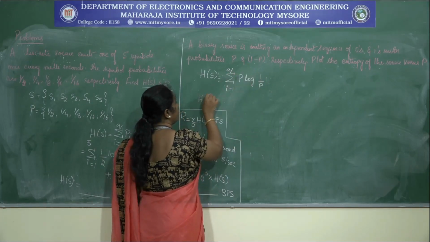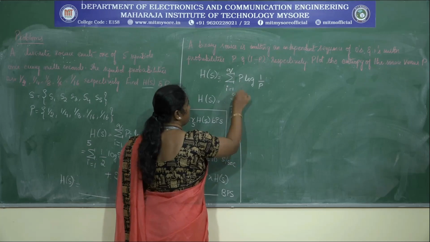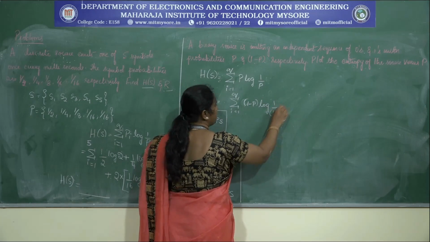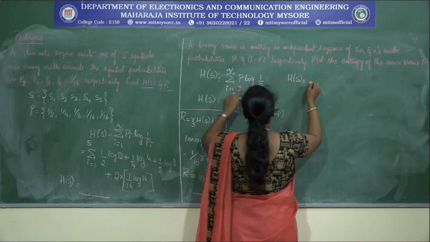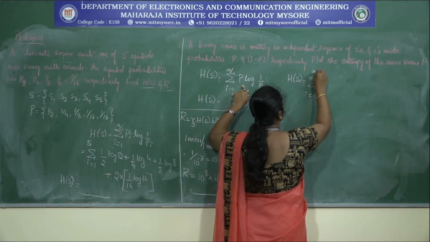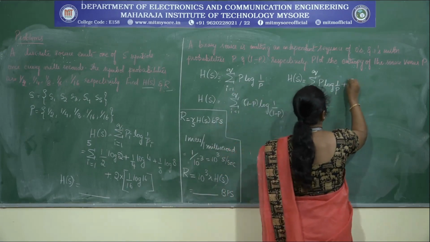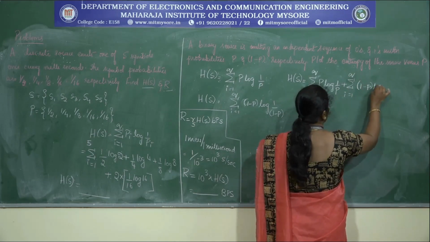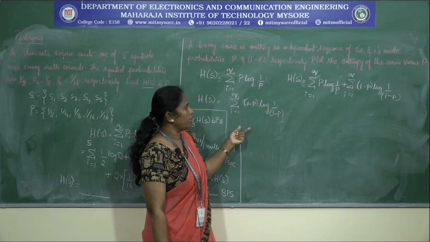Similarly for 1 minus P, it is 1 minus P log of 1 by 1 minus P. So I can write H of S is equal to summation of i is equal to 1 to q P log of 1 by P plus summation of i is equal to 1 to q 1 minus P log of 1 by 1 minus P.